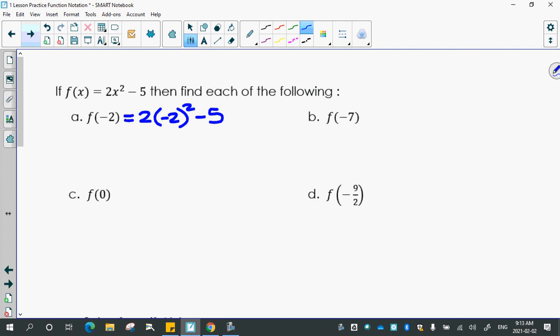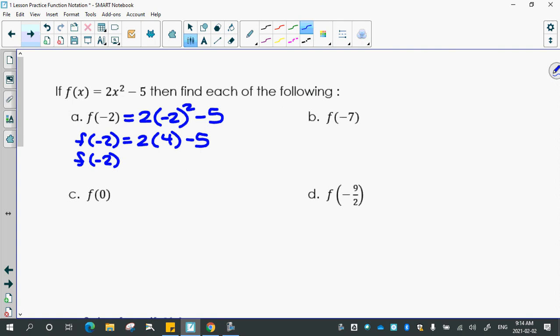Make sure you use BEDMAS. So before you multiply by 2, you have to do the square first. In fact, some people are rusty on that and forget that early on. So you'd have 2 times 4 minus 5. Because negative 2 times negative 2 is positive 4.